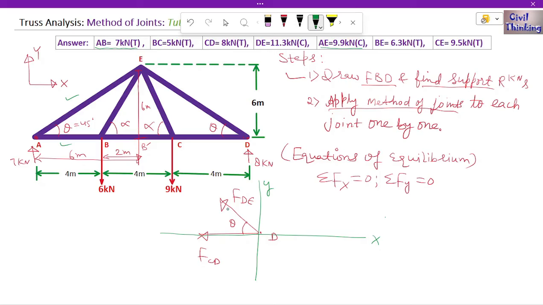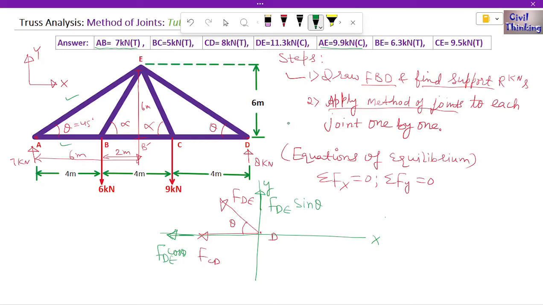But again we have this problem, FDE is neither in the x direction nor in the y direction, right? So we have to resolve FDE into an x component. So let's say this is FDE cosine of theta, and we have to resolve FDE into a y component. Let us say this is FDE sine of theta, right? Now let's apply these equations one by one.